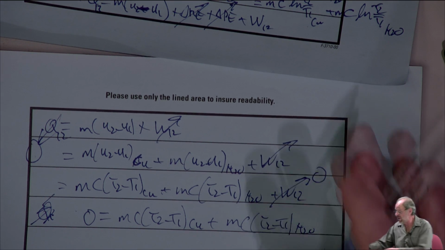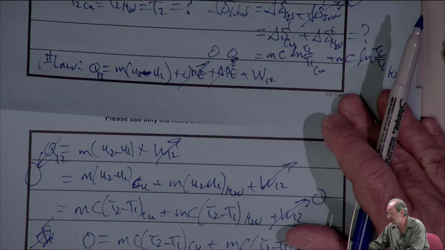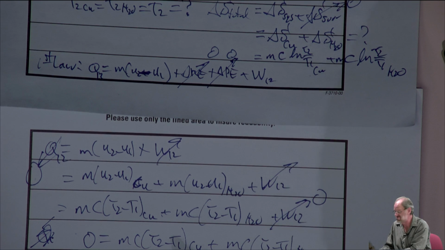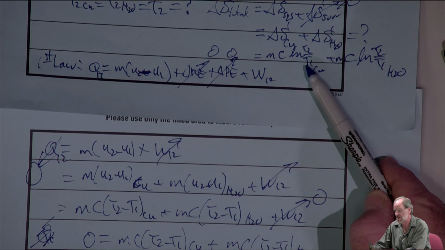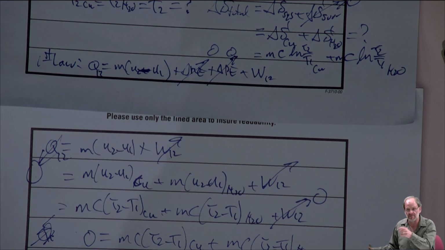All right. Now, hopefully you can see that once we've solved the first law problem, we get the T2, then we just plug it into the entropy change equation above, and we can find the entropy change. If we wanted to find the heat transfer between the materials, we would just set that equal to Q though, right?